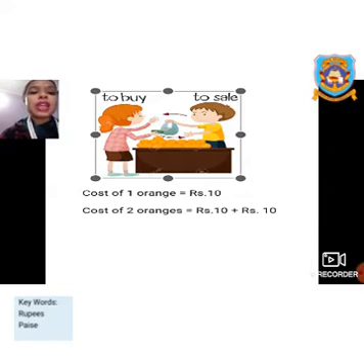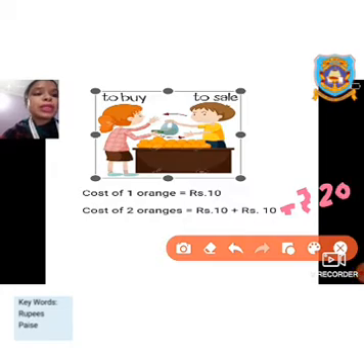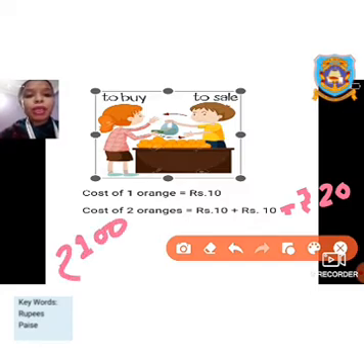Okay, and she has bought two oranges. So what will be the amount? If the cost of one orange is rupees 10, the cost will be rupees 20, isn't it? But now the girl has given rupees 100 to the shopkeeper.